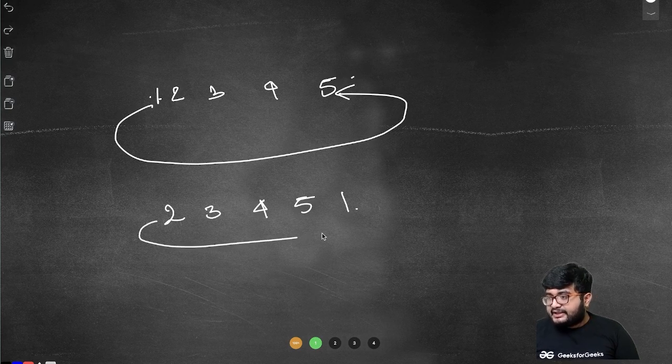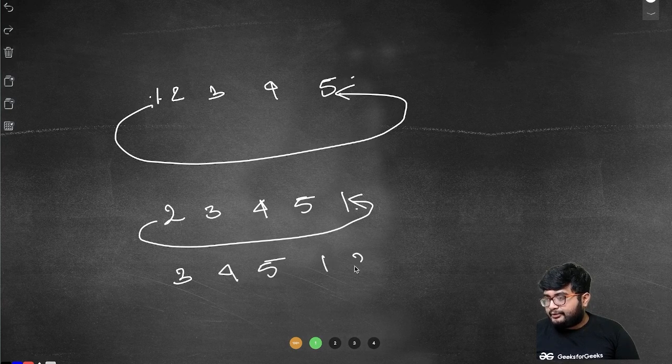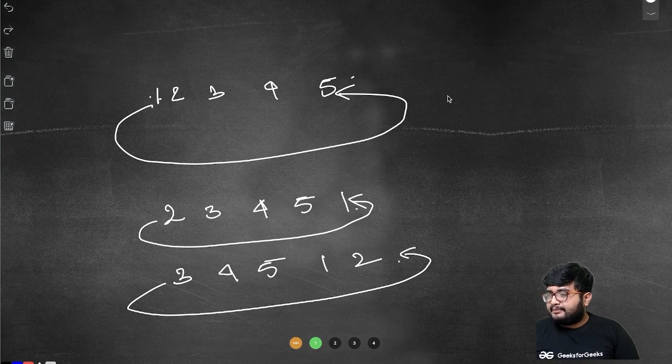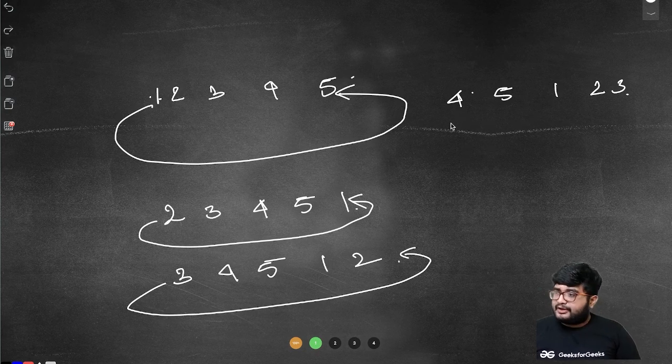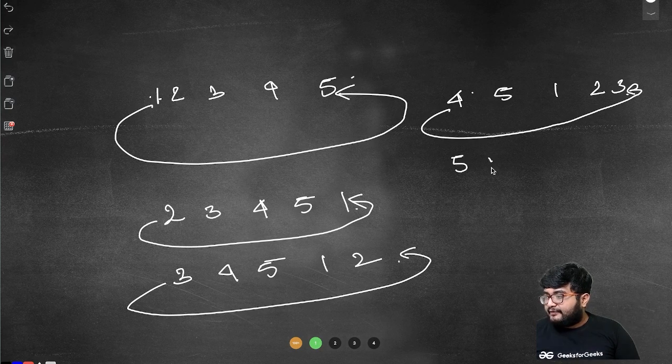Let's do a rotation again. Second rotation, it will become 3, 4, 5, 1, 2. Let's do a rotation again. It will become 4, 5, 1, 2, 3. So after 3 rotations it is like this. Similarly, after 4 rotations it will become 5, 1, 2, 3, 4.